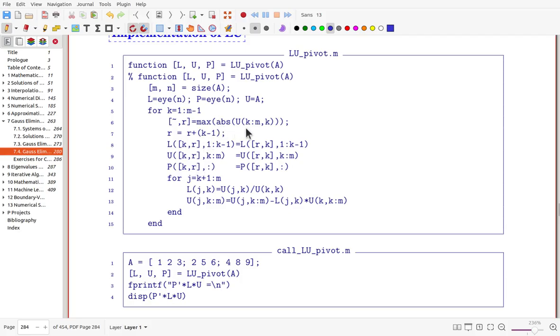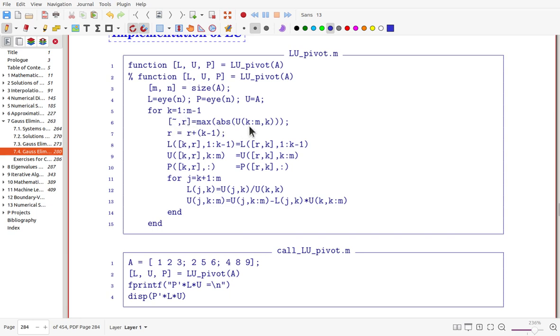Now, for that one, here we are trying to get the maximum value and the index.